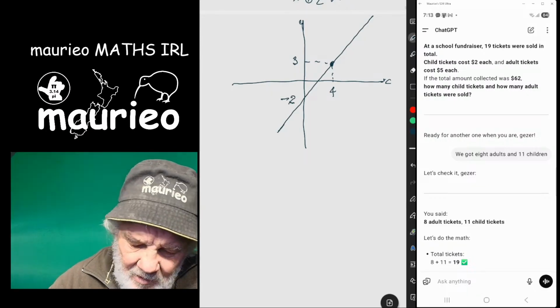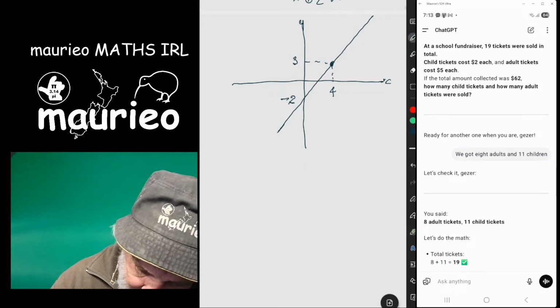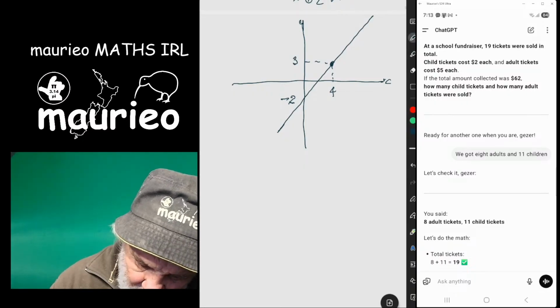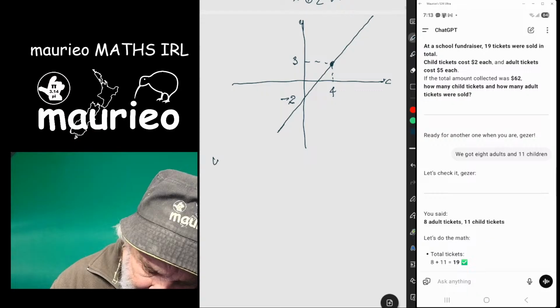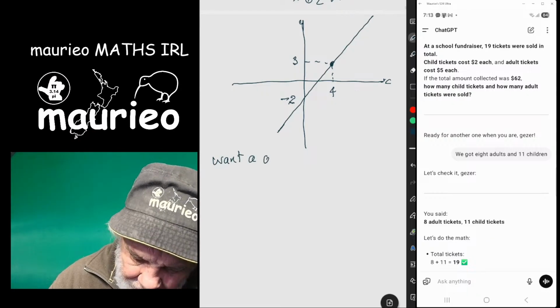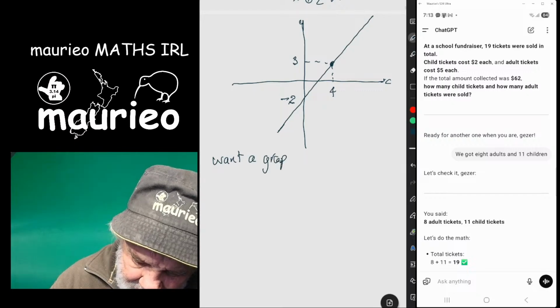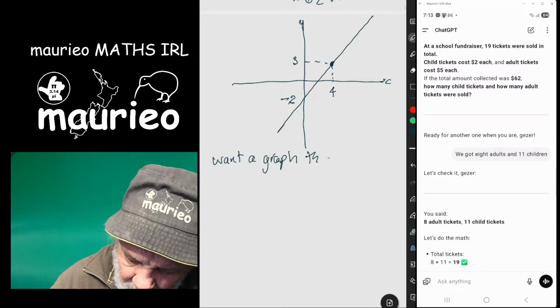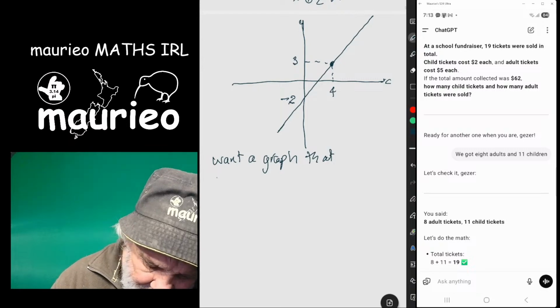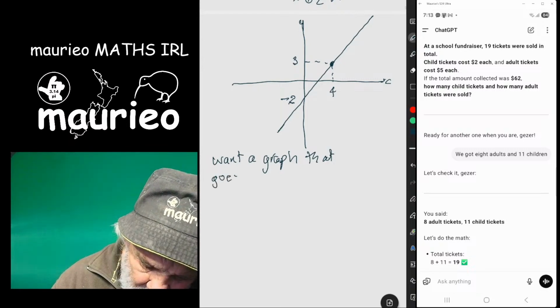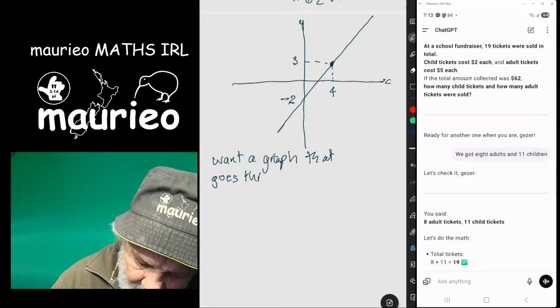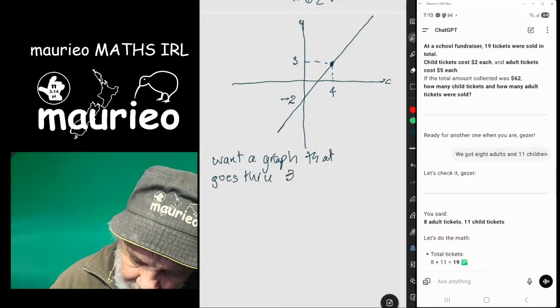So I want a graph, or a straight line, that goes through the point.